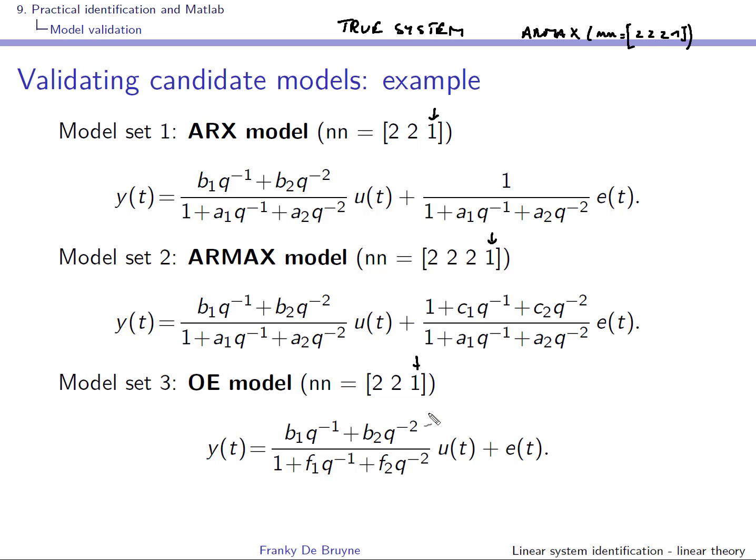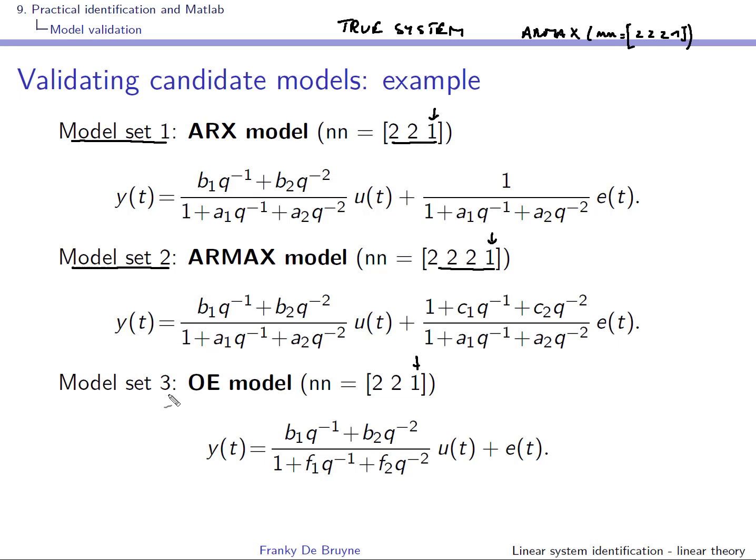So we'll work with 3 different model structures: an ARX model structure 2, 2, 1, an ARMAX model structure 2, 2, 2, 1. This model structure is capable of representing the actual system.